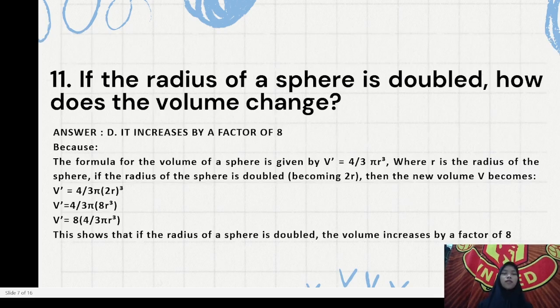If the radius of the sphere is doubled, becoming 2r, then the new volume V becomes 4/3 pi (2r) cubed, which is 4/3 pi 8r cubed, which is 8 times 4/3 pi r cubed. This shows that if the radius of a sphere is doubled, the volume increases by a factor of 8.